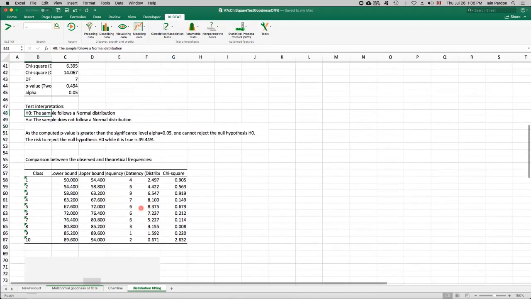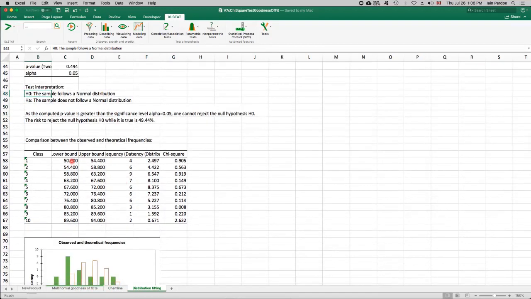And then here's the table it came up with. The intervals are a little bit different. These are the observed counts within each interval, but it doesn't have 5s all the way down here. So this is where it differs from what we did. These are the frequencies for the assumed normal distribution, and they're a little bit different to what we calculated.